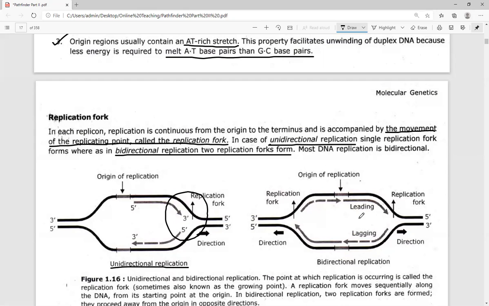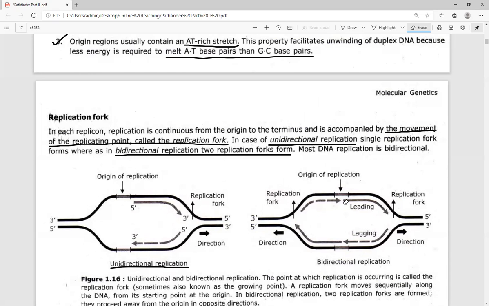When the DNA replication fork is produced in both directions, in the forward direction as well as in the opposite direction, such a replication fork is referred to as a bidirectional replication fork.